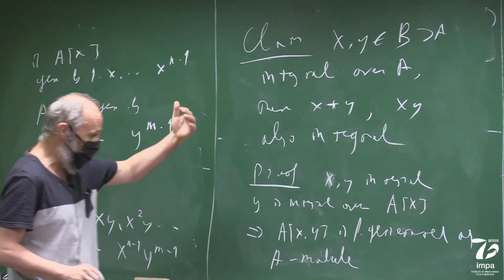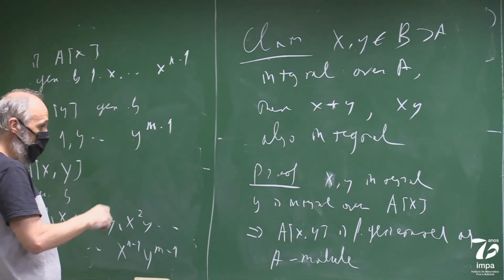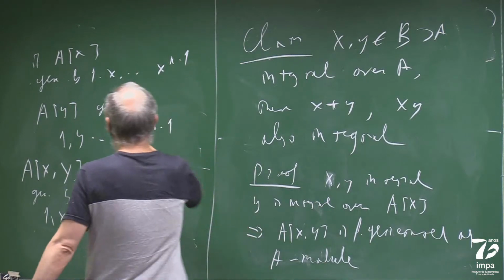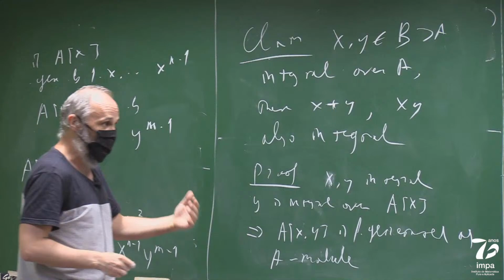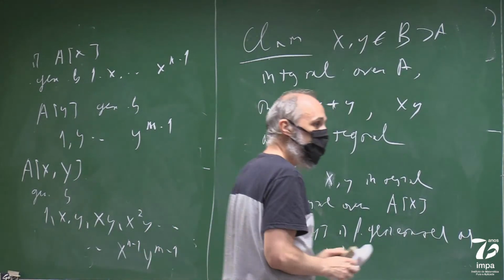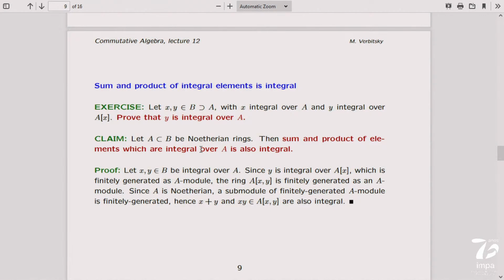First, you decompose it into a sum of different degrees of y with coefficients in A of x, and then you decompose these coefficients into powers of x. This is also an exercise to prove in bigger generality. If x is integral over A, and y is integral over A of x, prove that y is integral over A. This is the same argument. So you probably should do this exercise at some point.